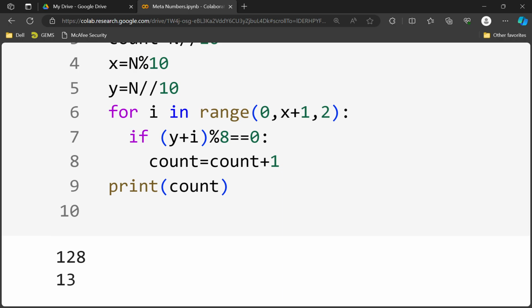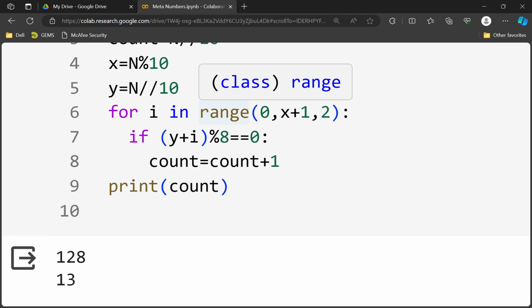2 plus 1, comma 2. Every time we are incrementing by 2. So we clearly know that the number which is divisible by 8 will obviously be an even number. Then y plus i percent 8 equal to 0. If any number is divisible by 8, what is this y? It is added to 1000. 1000 plus 2, if that is divisible by 8, increment count by 1.